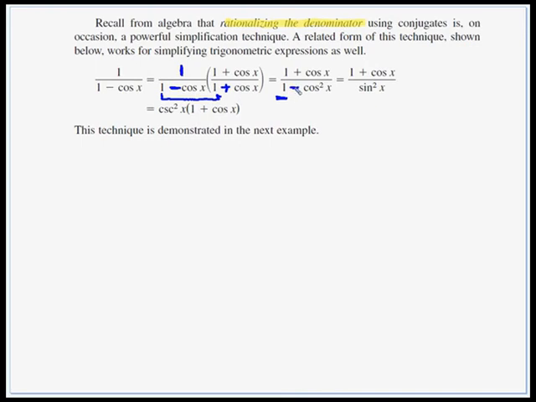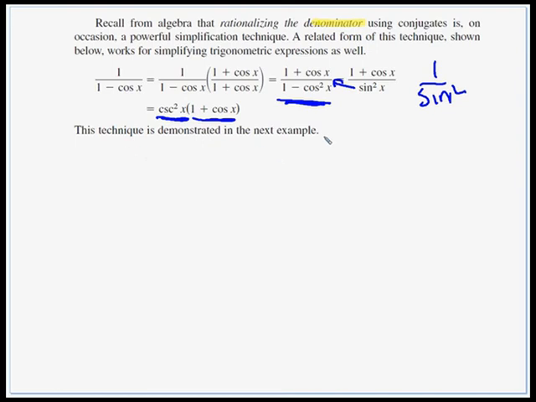It's always a minus, and then cosine times cosine is cosine squared. 1 minus cosine squared, and that we can replace with a sine squared, Pythagorean identity. And our numerator is still 1 plus cos x. The denominator, we can drag it out front and make it the denominator of its own fraction. 1 over sine squared becomes cosecant squared by reciprocal identities, and we just have our 1 plus cos x.